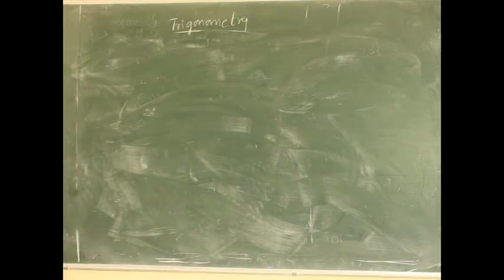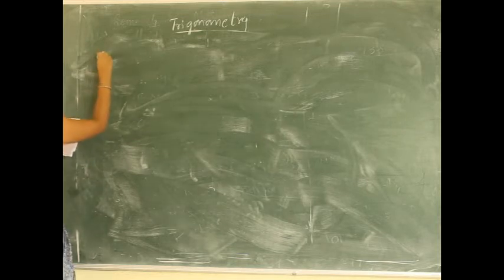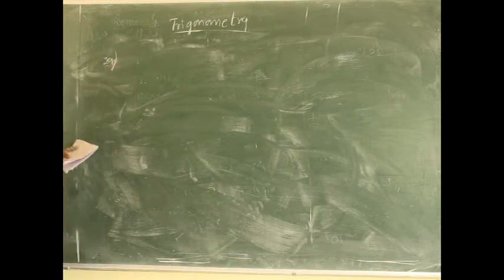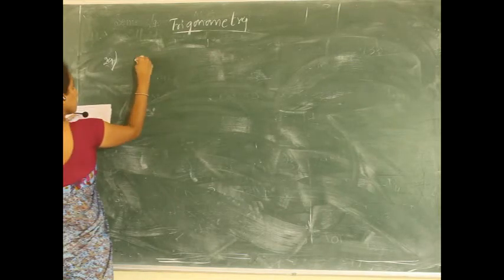Next, the 29th one. It is given root 3 cos alpha minus sin alpha divided by cos alpha plus root 3 sin alpha. What I will do is divide numerator and denominator by 2. So what we get?